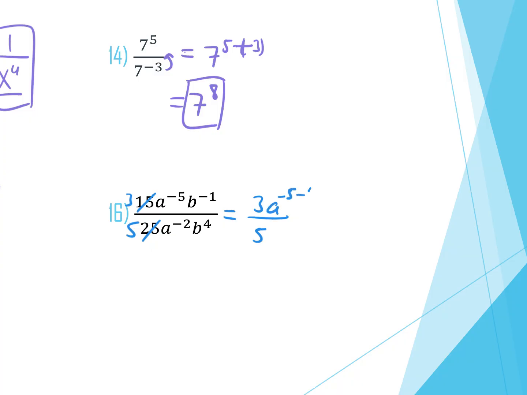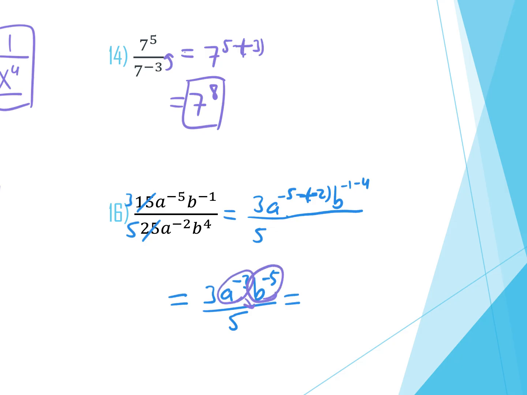So I get a to the negative 5 minus negative 2 over, I get b to the negative 1 minus 4. So this is going to get me 3a to the negative 5 plus 2 is going to get me negative 3, b to the negative 5 over 5. And then negative exponents, I can move to the bottom and make them positive. So I get 3 over 5a to the 3rd times b to the 5th.